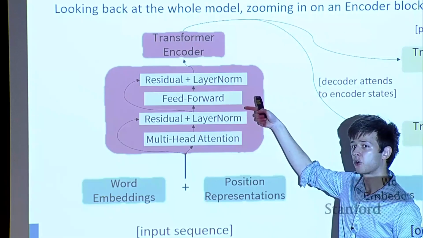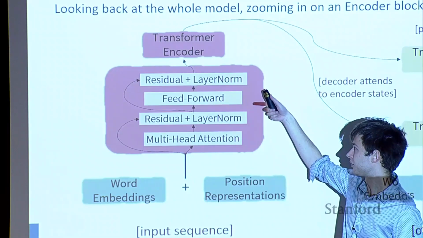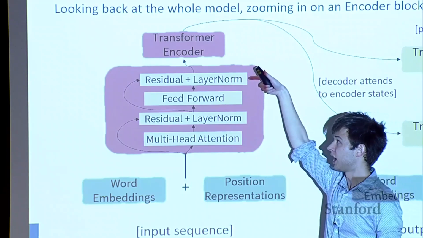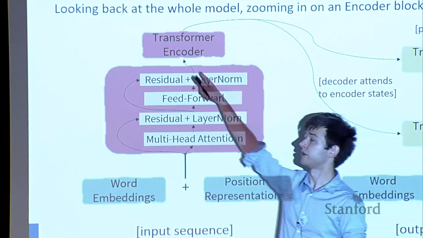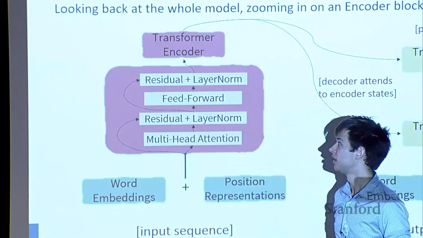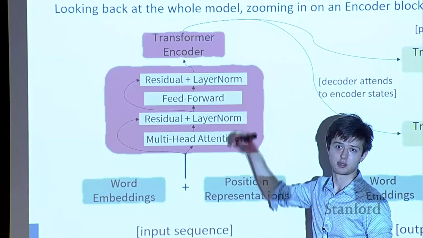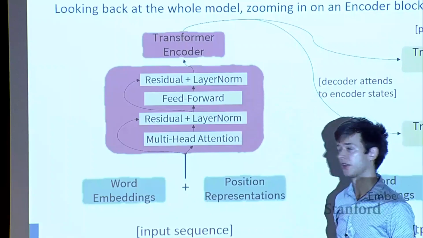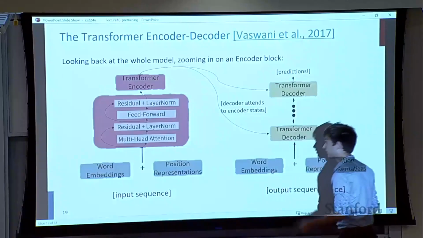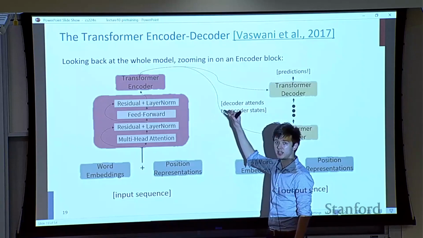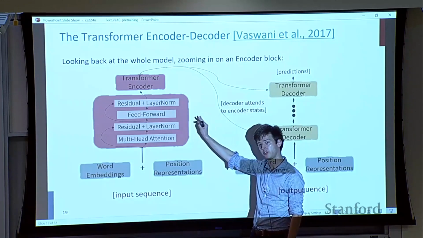We had that feed-forward layer to process the result of the multi-headed attention, another residual and layer norm, and then pass to an identical transformer encoder block here. And these would be stacked. We'll see a number of different configurations here, but I think 6, 12 of these stacked together. Okay, so that's a transformer encoder. And we're actually going to see whole models today that are just transformer encoders.